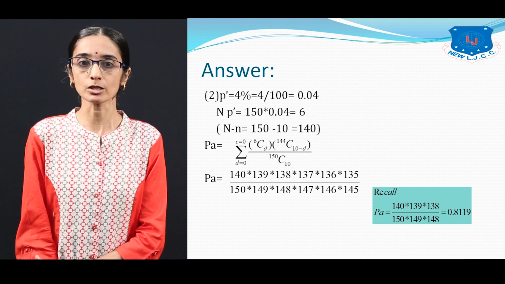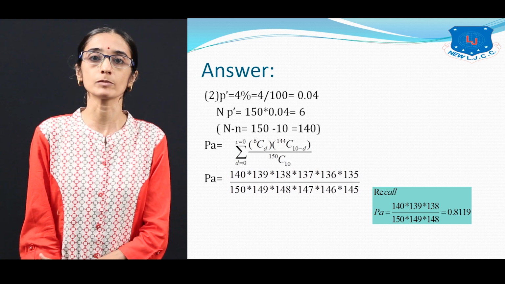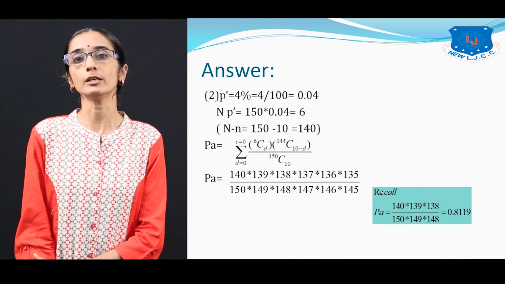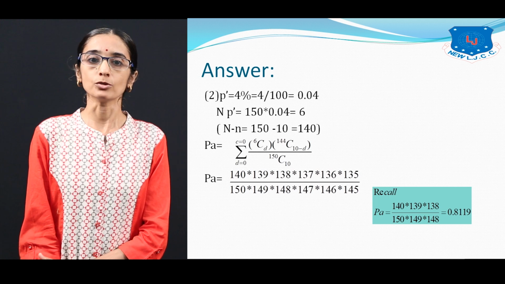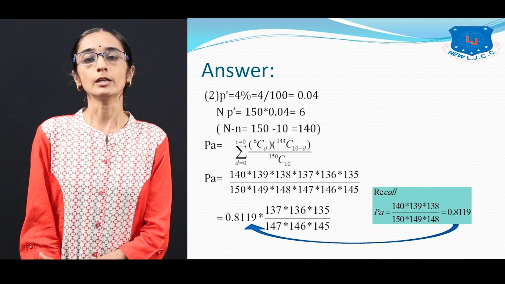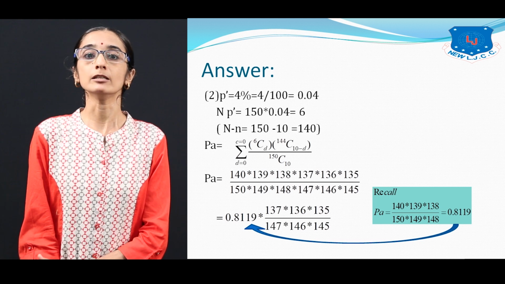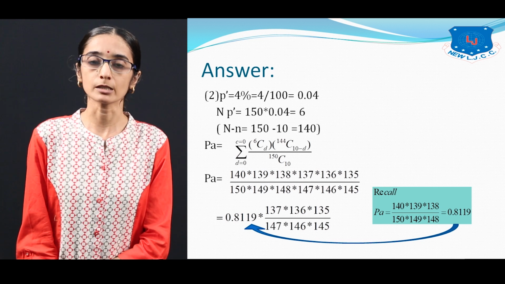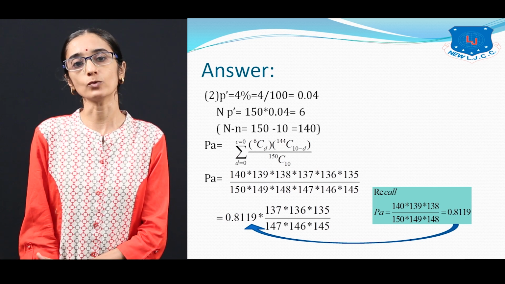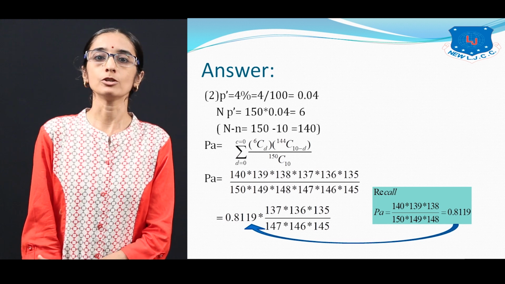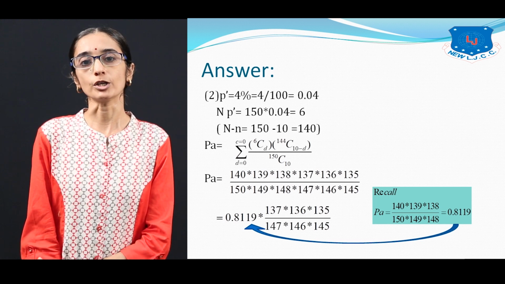So I am just substituting the earlier 3 terms multiplication and division to be equal to 0.8119. So now it will be 0.8119 into, let's just multiply and divide by the remaining 3 terms. So it will be into 137 into 136 into 135 divided by 147 into 146 into 145.